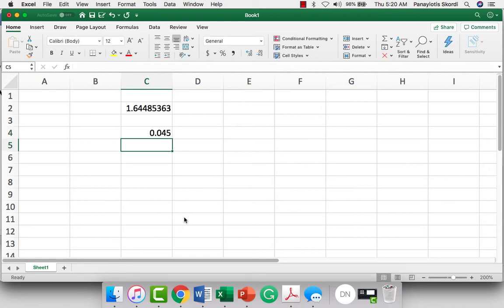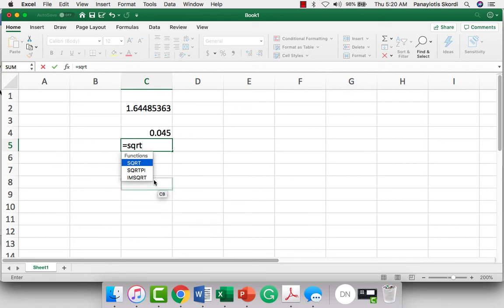Okay, and the bottom part is the square root. So I'm going to do equals SQRT of 0.125 multiplied by 1 minus 0.125, close parentheses, and we're going to divide that by the sample size, which we said was 400, and close the parentheses.